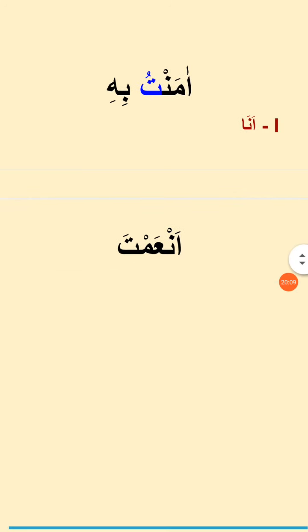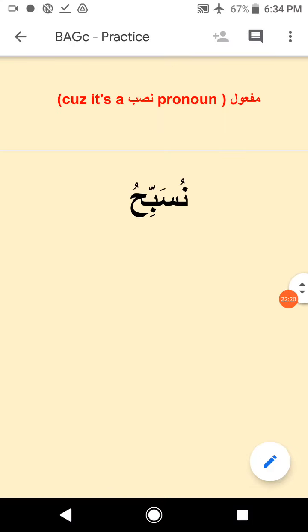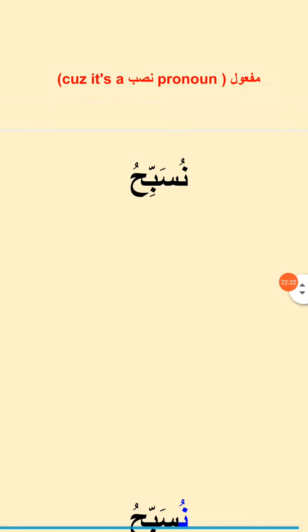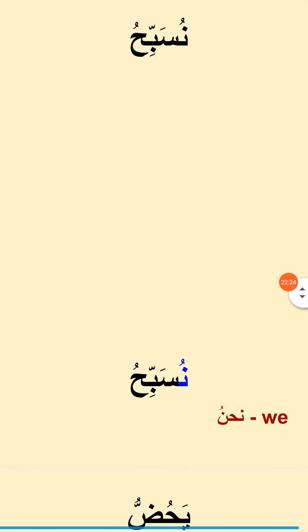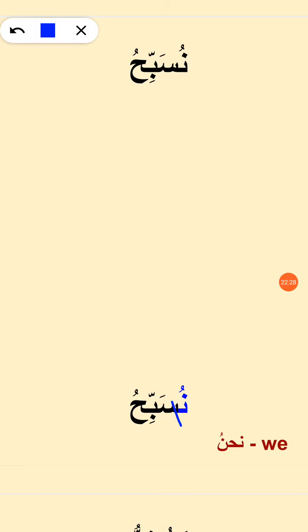Next word is an'amta. Pause it and tell me, can you identify the fa'il from this word? I hope you can identify it easily as anta. I hope that you can identify this as nahnu because of this noon. What would be its ana version? It would be usabbihu. What would be its huwa version?